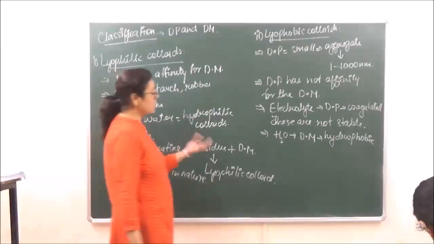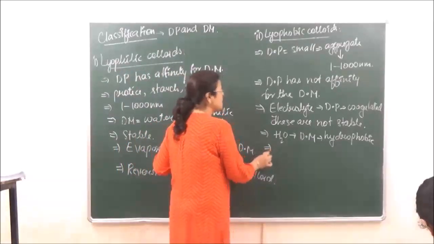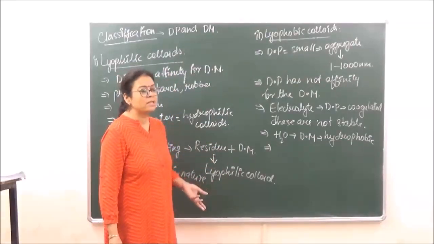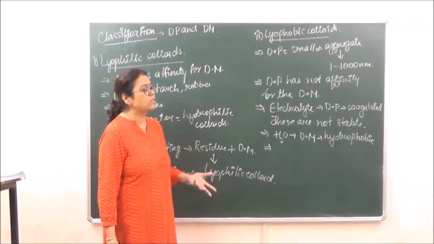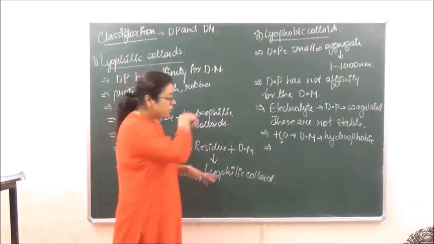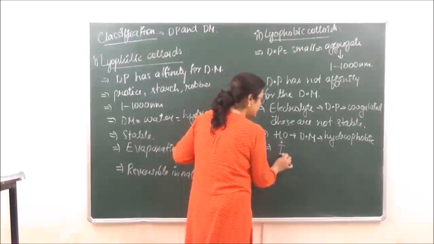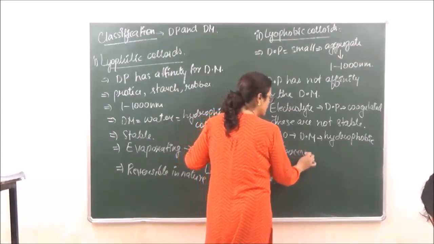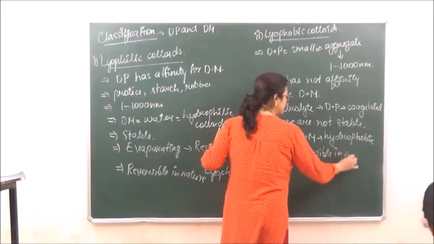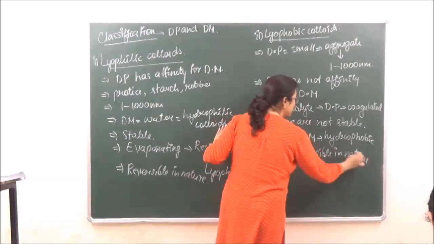And if we try to evaporate the lyophobic colloids, the residue cannot be just mixed with the dispersion medium to make the colloid again. Okay? So that is why we say that these are irreversible in nature.